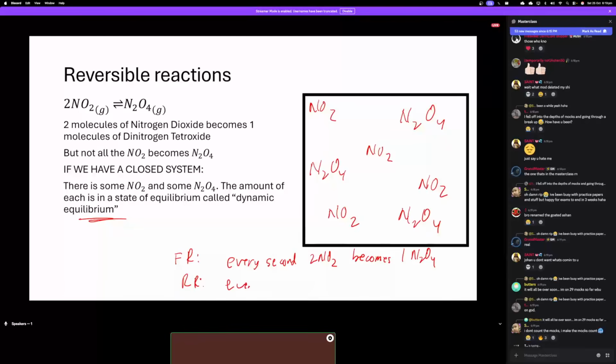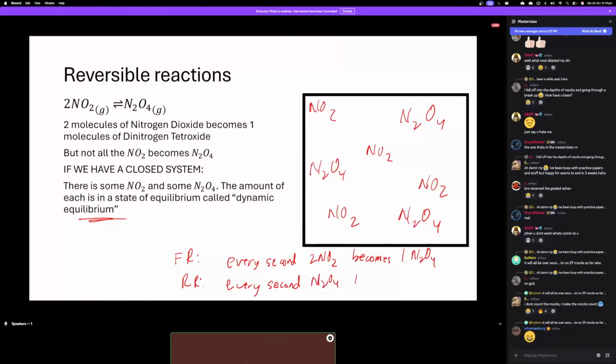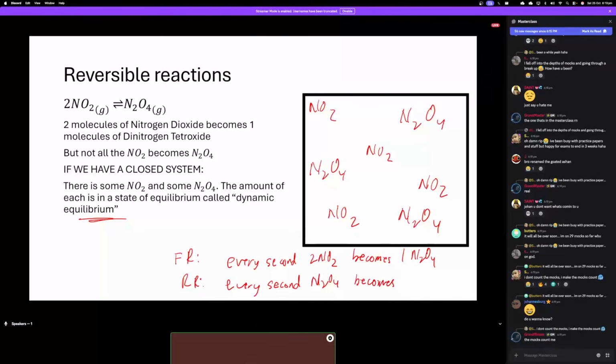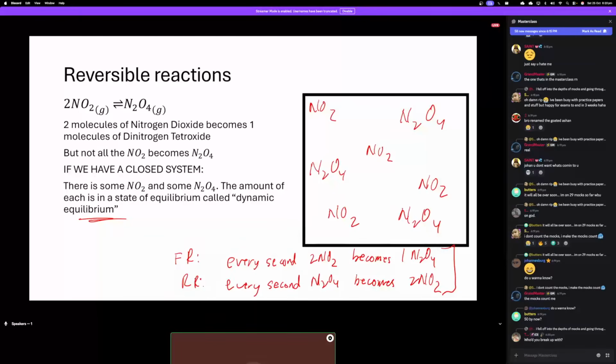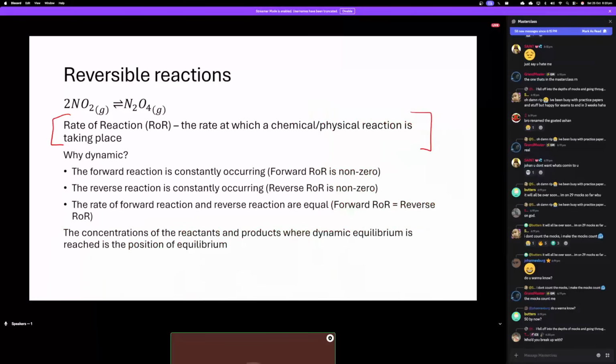So we also say every second, and my handwriting's a little bit bad, N2O4 becomes 2 NO2. Hopefully you can see that with these two being equal to each other, at equilibrium, which is dynamic equilibrium, it is dynamic because it's constantly changing, but the actual concentrations of each don't change, right?